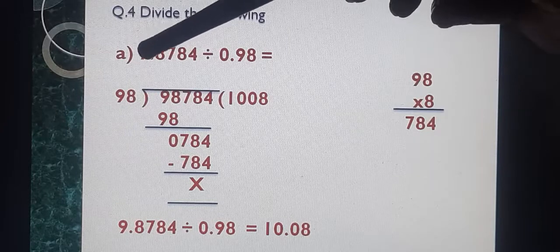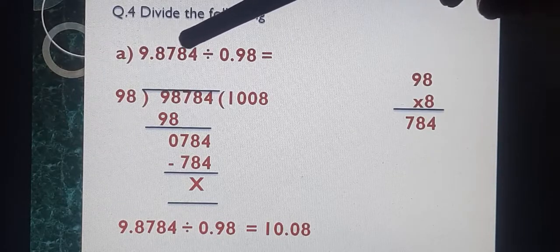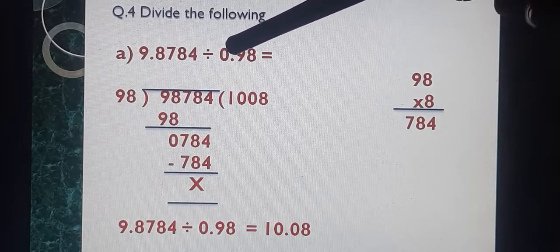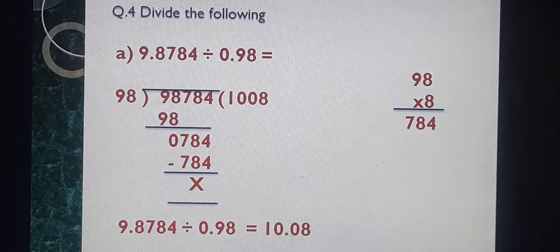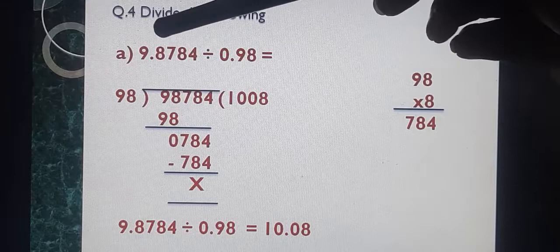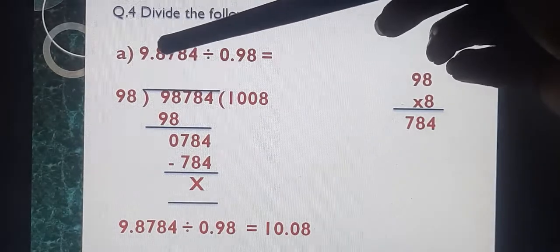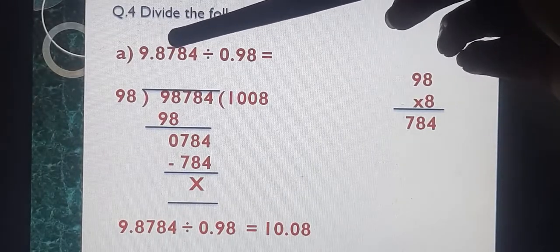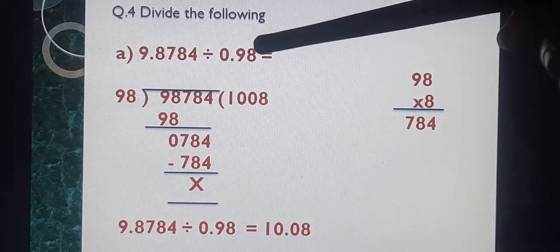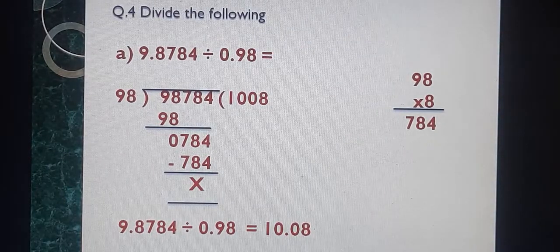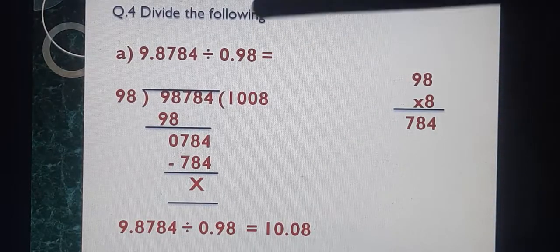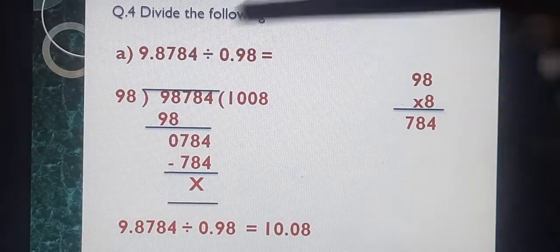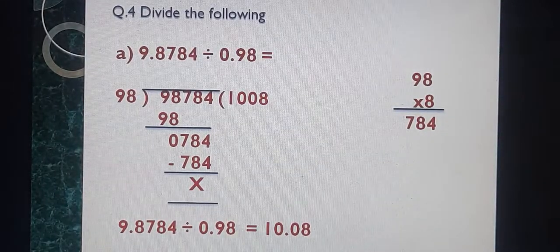In dividend after decimal 1, 2, 3, 4 digits are there, and in divisor after decimal 1, 2 digits are there, it's okay. And if in dividend the numbers after decimal are less than the numbers after decimal in divisor, then we have to write down the zeros in our dividend to balance it.